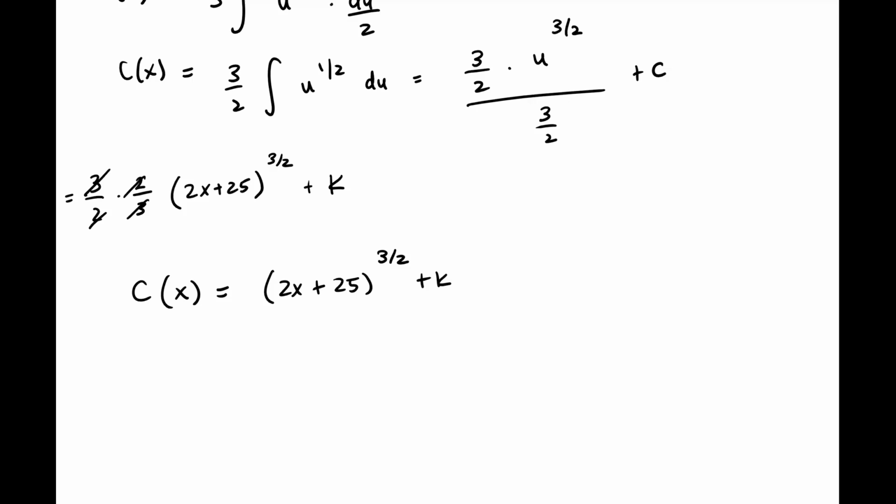Now we need to figure out what our constant of integration is, and the beginning of the problem said that the fixed costs were $11,125. So that means that c of 0 is equal to 11,125.